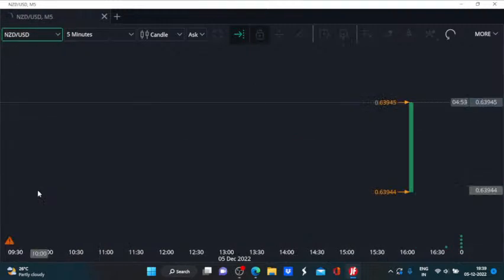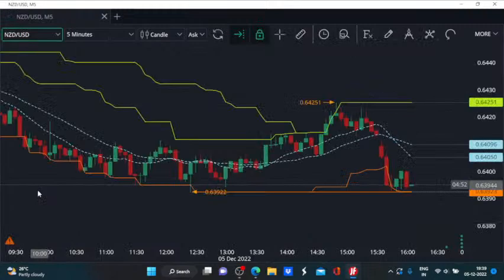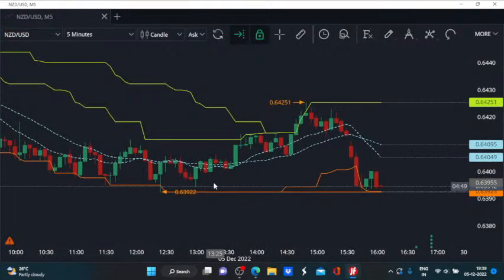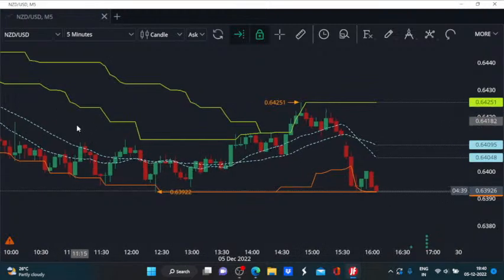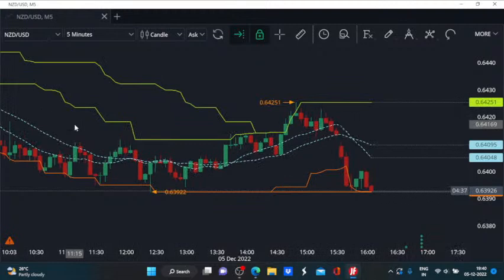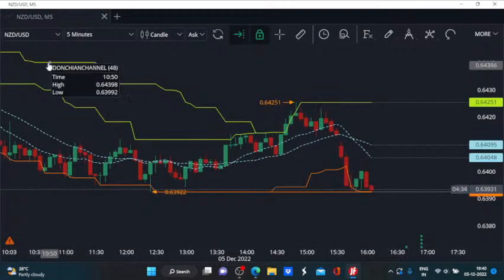Let's consider the case of NZD USD. NZD USD is following suit the AUD USD on the lower side. So this is the second most bearish currency as of now for all the currencies which we have seen in this session so far.